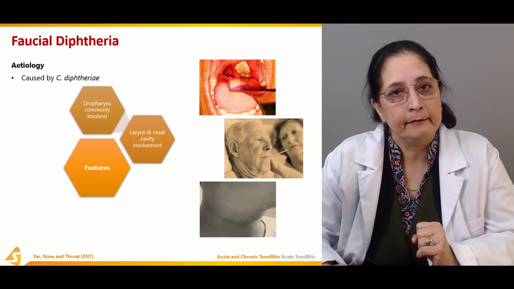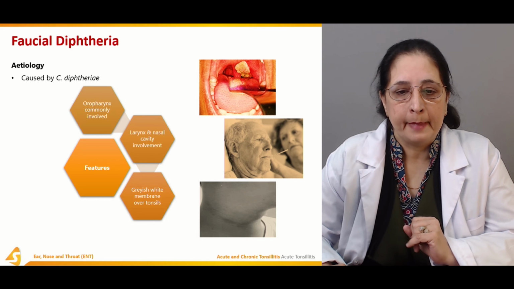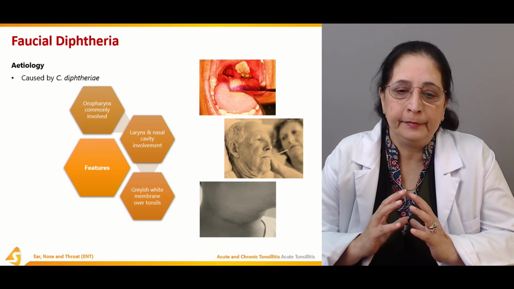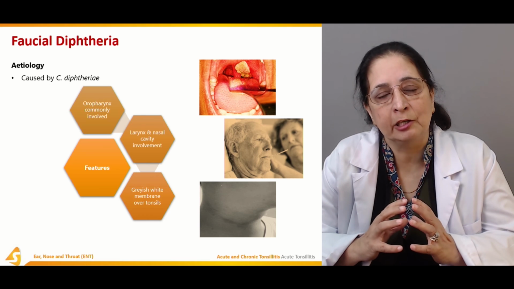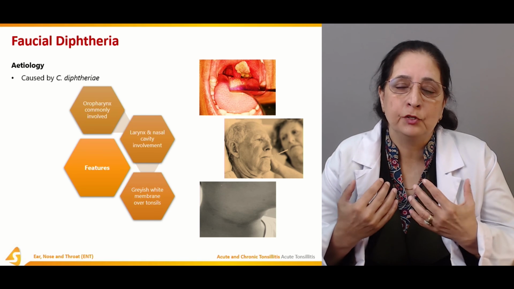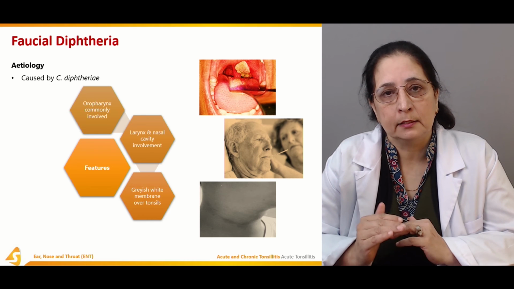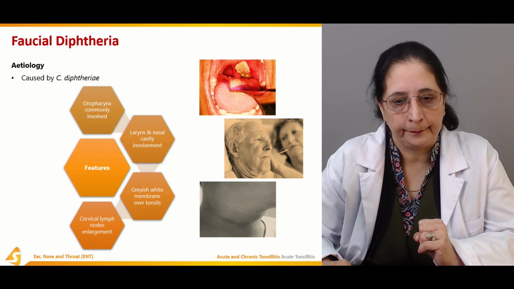Larynx and nasal cavities can also be affected. There is membrane over the tonsil, grayish membrane. So in diphtheria, the membrane that is formed over the tonsil is gray in color. It's not whitish membrane or red. So grayish white membrane is formed.